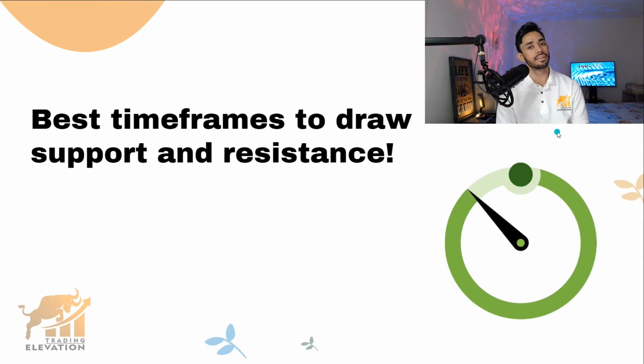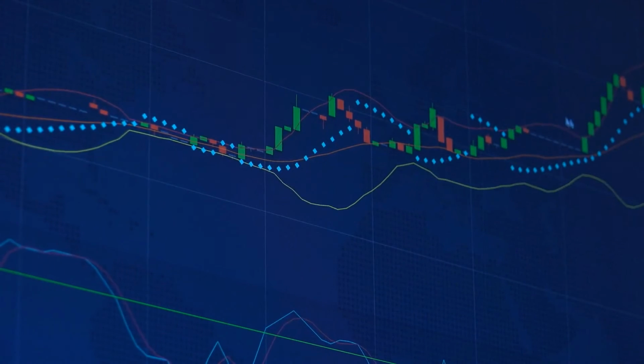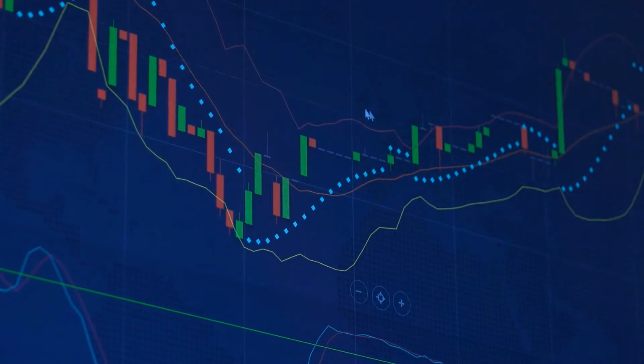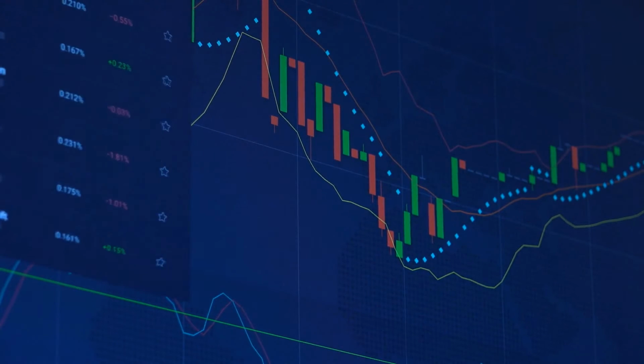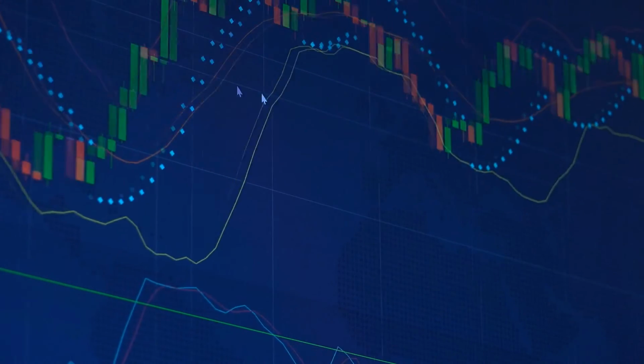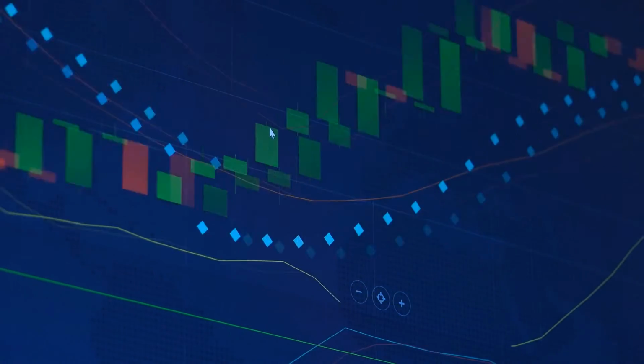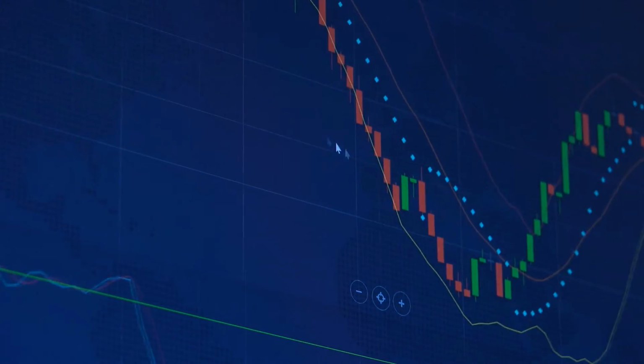And what are the best time frames to draw these support and resistance levels? Do we even draw them somewhere? I'm confused. Yes, my friend, we do draw them. We need to draw support and resistance levels in our charts as a beginner trader. But as you're getting more and more experienced, you will not need to draw them.